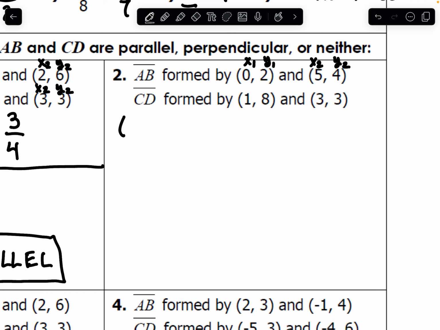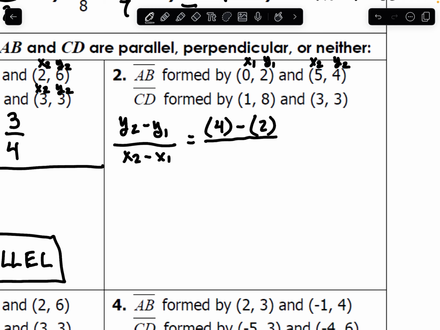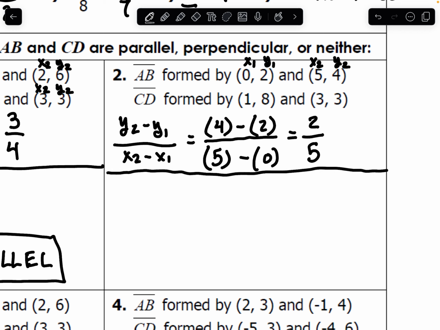So y2 minus y1 over x2 minus x1. y2 is 4 minus 2 is y1, x2 is 5, and x1 is 0. So we get 2 over 5 if we plug it into the calculator.